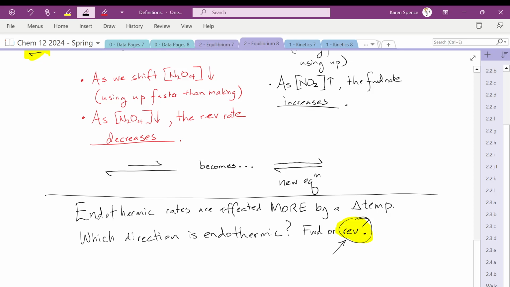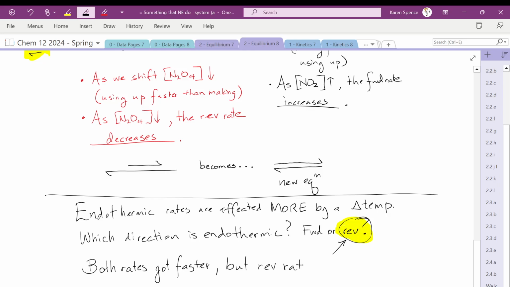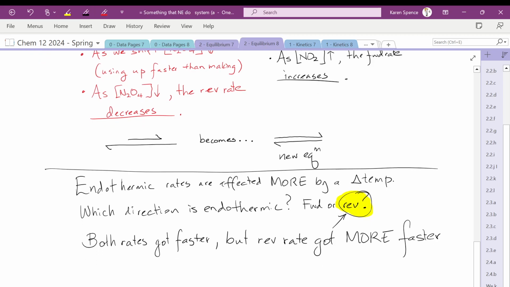I know that's terrible grammar, but I'm going to say it anyway. Both rates got faster, but the reverse rate got more faster. Therefore, the reverse reaction is endothermic.